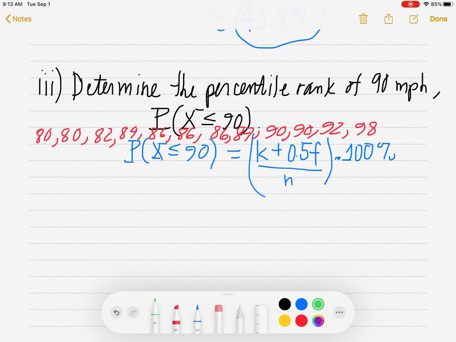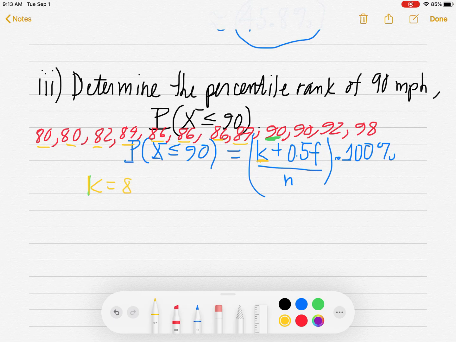All right, so you look at where 90 is. The leftmost version of 90 is right here. You've got two 90s. Look at the one farthest to the left. What you're going to do first is find what K is. K, yellow. For K, we count the number of data values to the left of that: 1, 2, 3, 4, 5, 6, 7, 8 to the left of that leftmost 90.